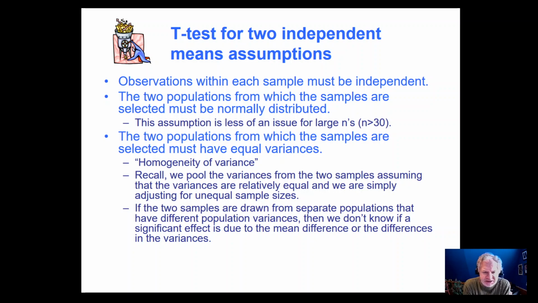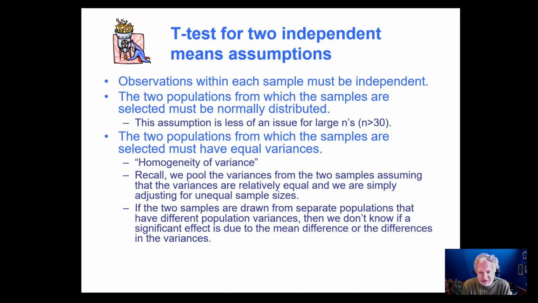The second tenet of the central limit theorem is that the standard deviation for that distribution of sample means is equal to the standard deviation of the distribution of individuals divided by the square root of my sample size, or the square root of n. The third tenet is, if my sample size is roughly greater than 30, I don't have to worry about whether the population of individuals or my sample is normally distributed.